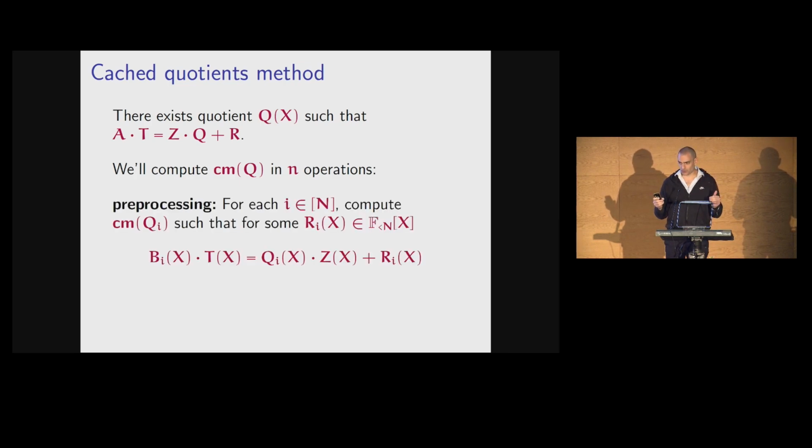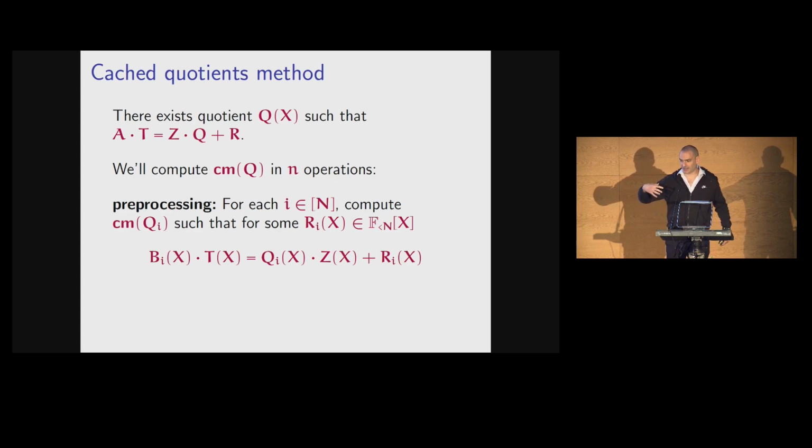So how do we do this? First, we're going to have a pre-processing stage where for each i, we're going to compute the commitment to a polynomial Qi. What is the polynomial Qi?